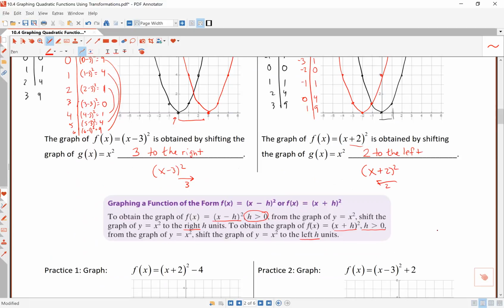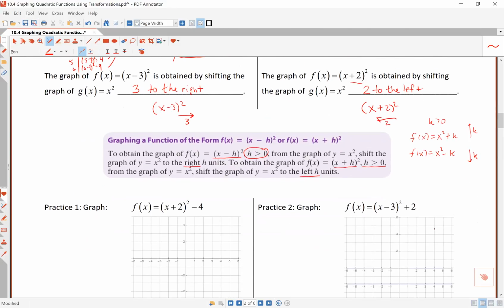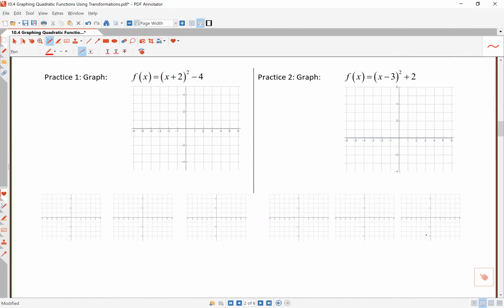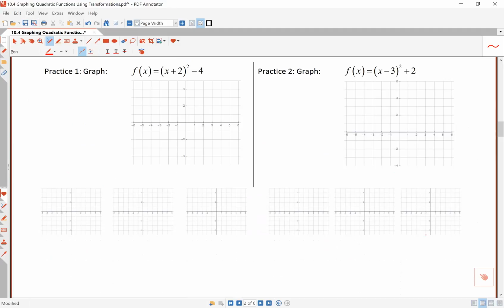And now putting this together with f of x equals x squared plus k and f of x equals x squared minus k, this one shifted the graph up k and this one down k. And we can put it all together in practice 1 and 2 and have the 2 shifts. So I encourage you to press pause in your video and try to work these out and come back when you're ready to see the solutions.